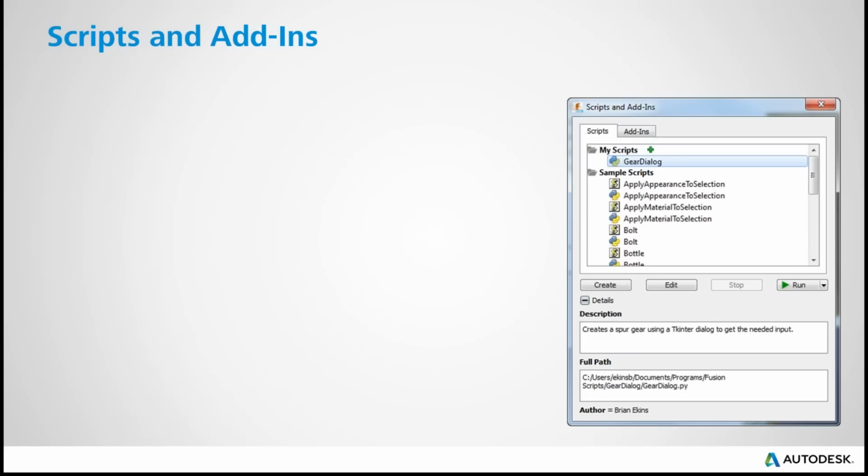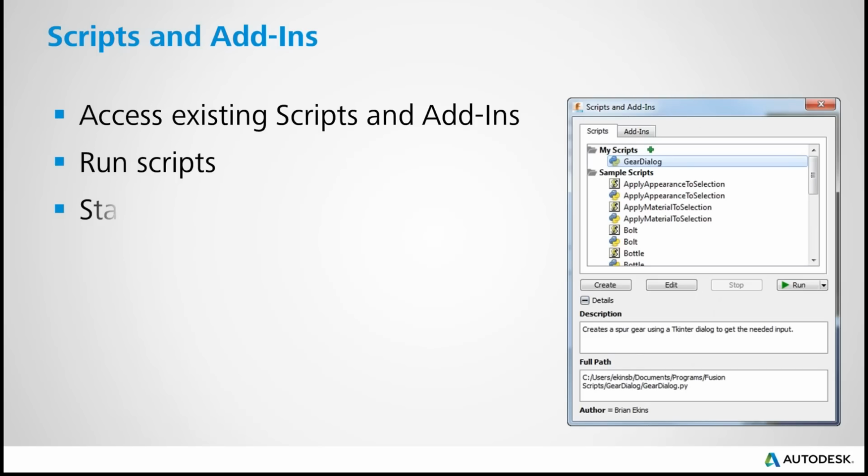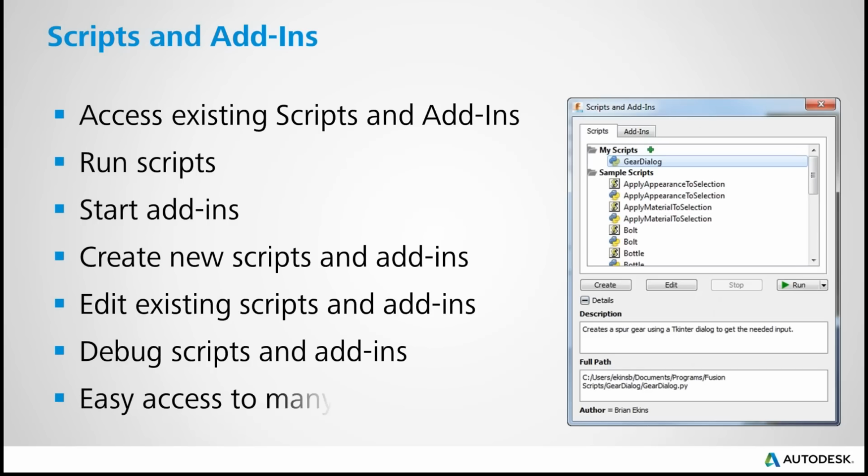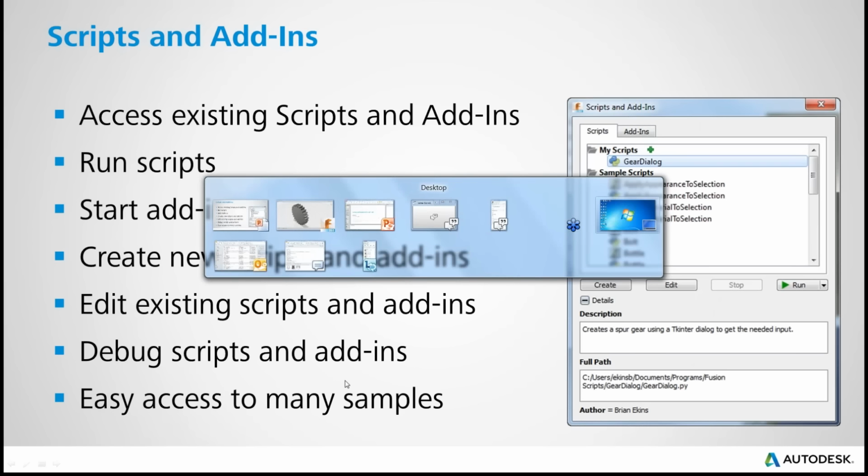All right, so scripts and add-ins, and hopefully the performance here is good enough. I can do a little bit of a demonstration. I think this slide talks about some things that this dialog does, but I'm going to instead just demonstrate it. So go back to Fusion.